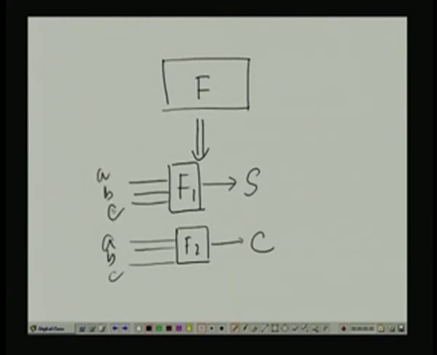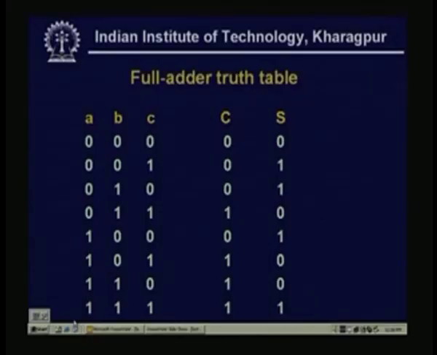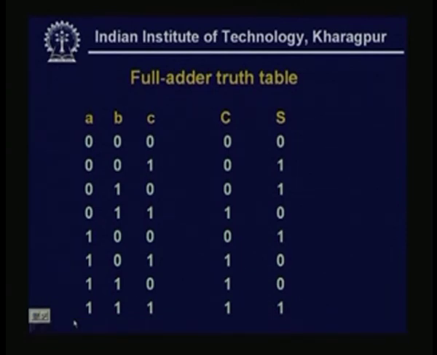A, B, C are the inputs. F1 means A, B, C are the 3 inputs and the carry is the output, and A, B, C are the 3 inputs and sum is the output, that is my F2.